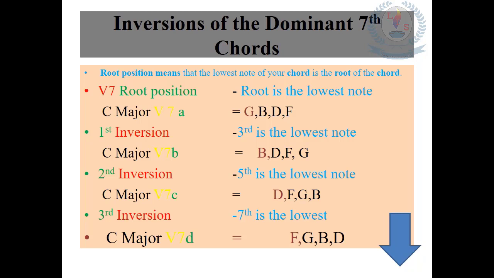The fifth is the lowest note now. The chord is D, F, G, B. Dominant seventh, third inversion, C major. The seventh is the lowest note now. F, G, B, D.